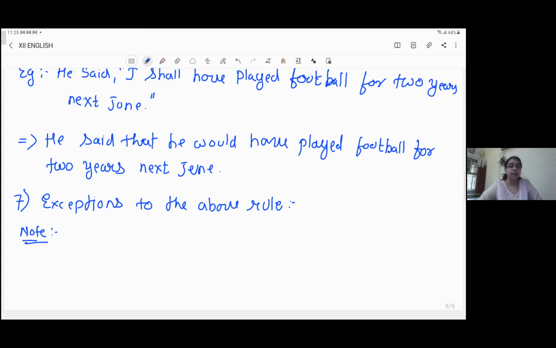I'll repeat it again. If you are reporting an universal truth or habitual fact, the tense of the sentence is not changed. Clear?